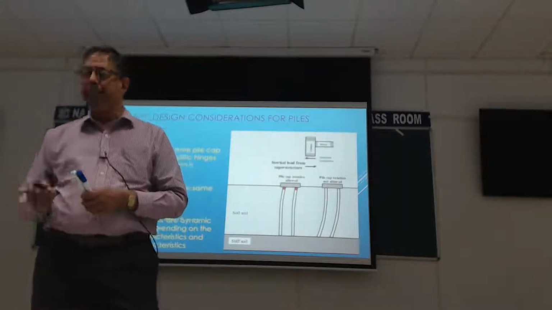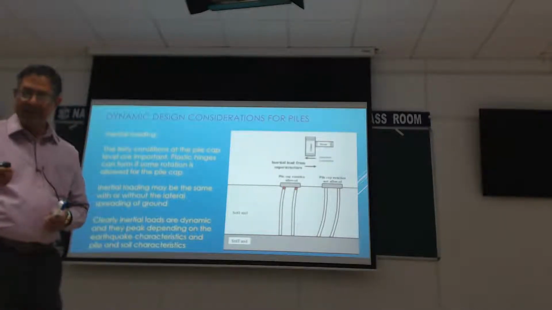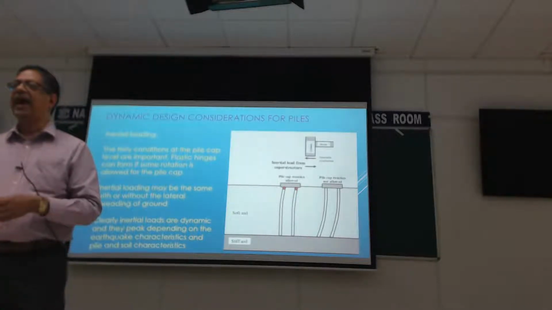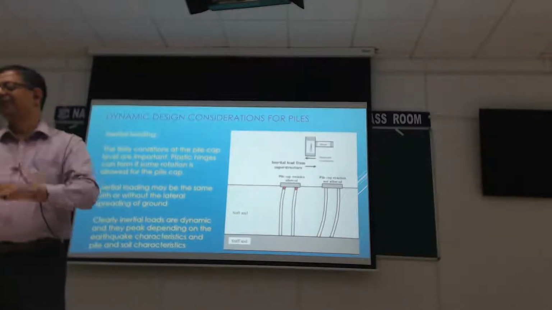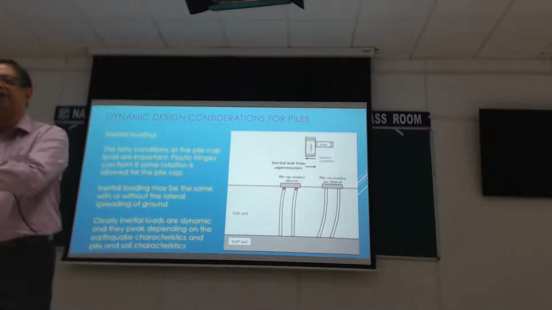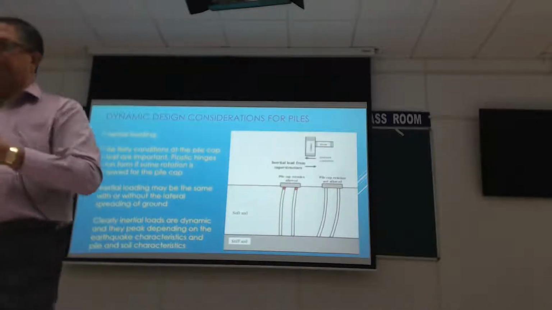The other important thing, and slowly people are realizing this, is that we should stop designing these things as pile cap and piles, geotech people, structure and column, structural people. If you do that, when we are designing, we are ignoring some important things.